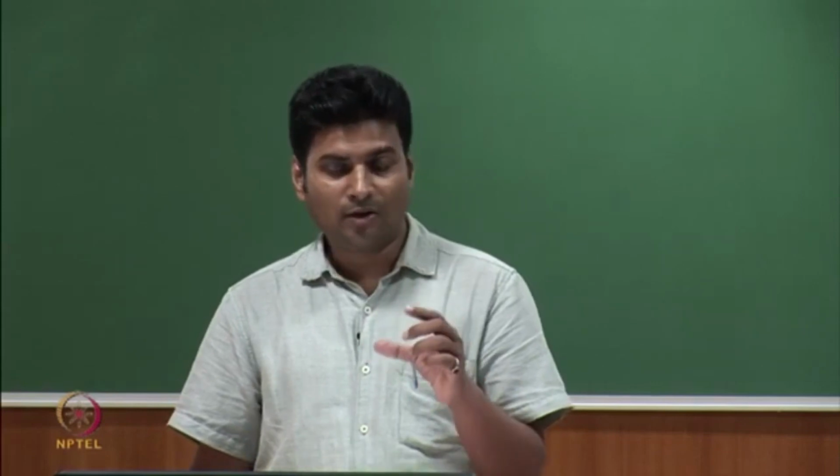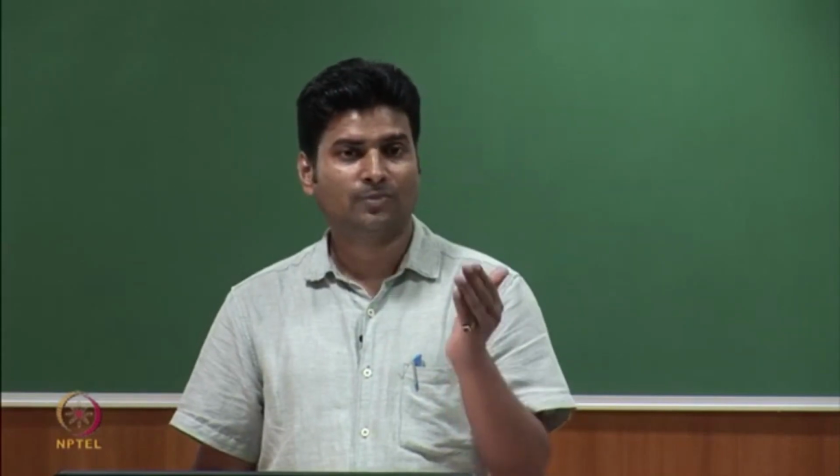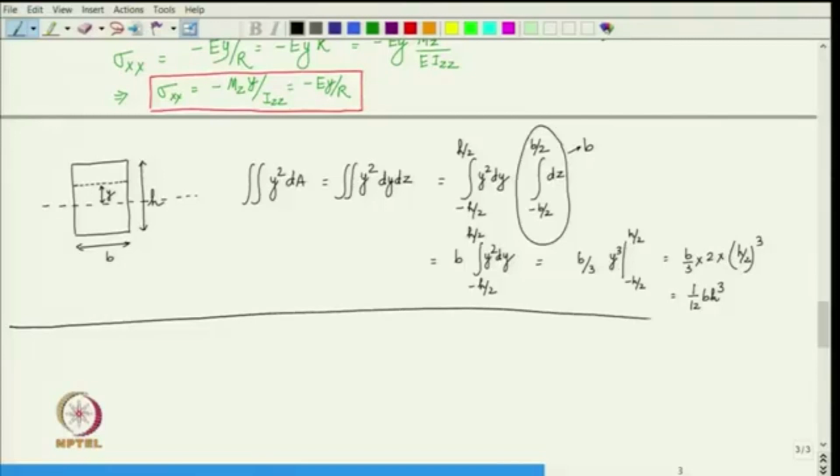So, if you take two beams having the same Young's modulus and think of the first beam with a smaller h and the second beam with larger h, then the second beam will have a larger bending modulus, right, because IZZ for the second beam is large. Although the Young's modulus is the same, the IZZ for the second beam is large. So, it is difficult to bend the second beam then, correct, because its bending modulus is larger, all right. So, that is for the rectangular cross section.